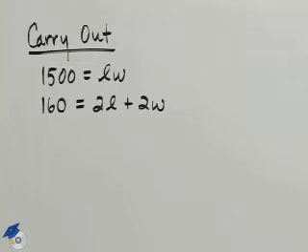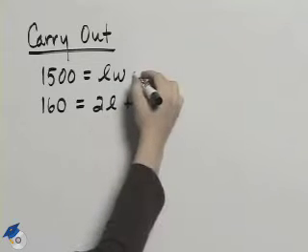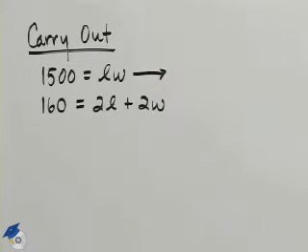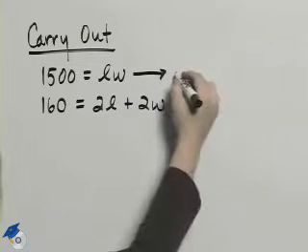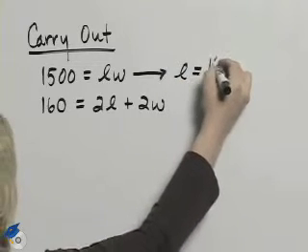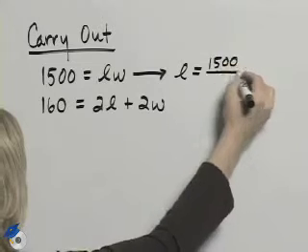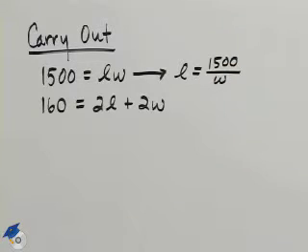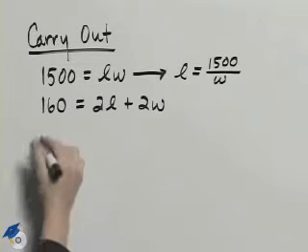Step 3 of this problem is to carry out, which is to solve the system that we wrote in step 2. To do so, I will first solve the first equation for L. We can divide both sides by W, and so we'll have L is equal to 1,500 divided by W. I can then substitute that expression in for L in the second equation.